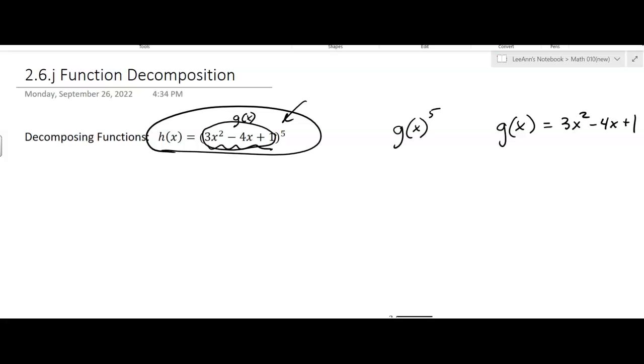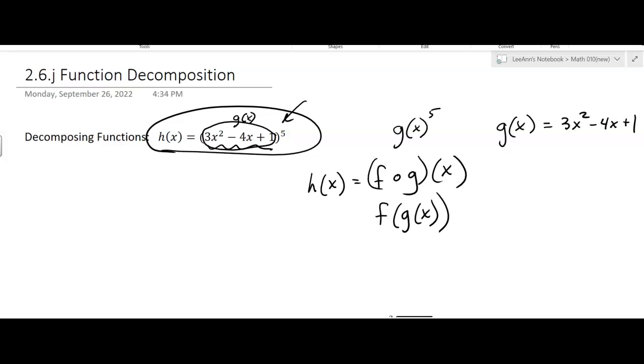So what I want is a composition. I want h of x to be f compose g of x. Now the tricky thing is getting them in the right order. So if I'm saying f compose g of x, or f of g of x, I'm taking this and putting it in. Oh, I've got to write f of x.